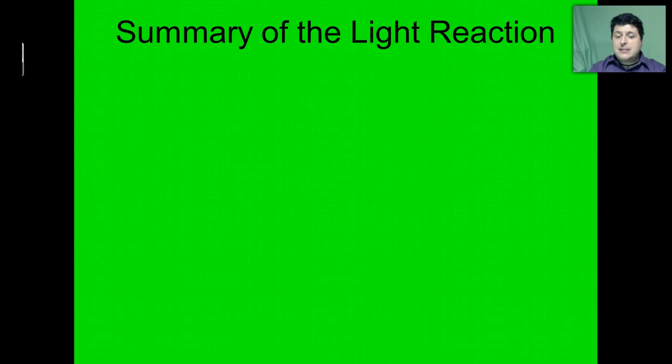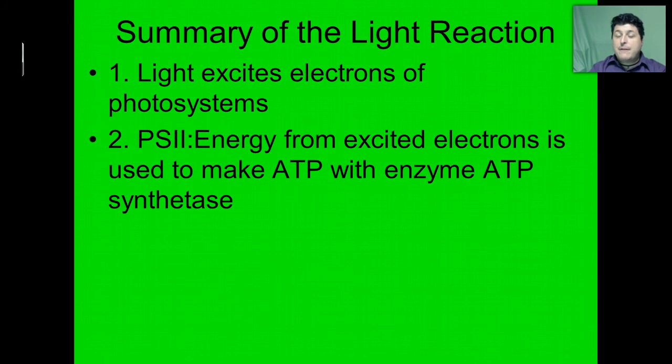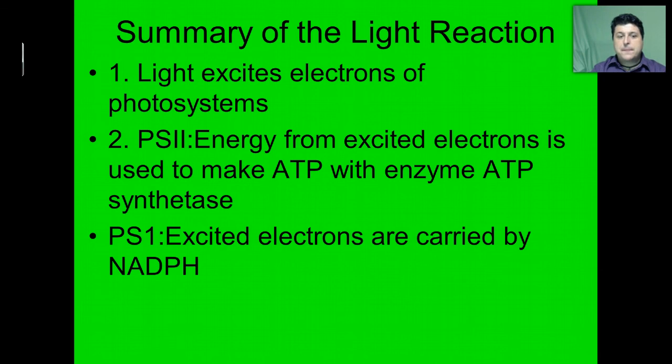So if we wanted to summarize the process to make it easy to write down for our notes, first, light is exciting the electrons of the photosystems. First, we see photosystem 2 taking those electrons down an electron transport system to be able to produce ATP with the help of an enzyme, ATP synthase.